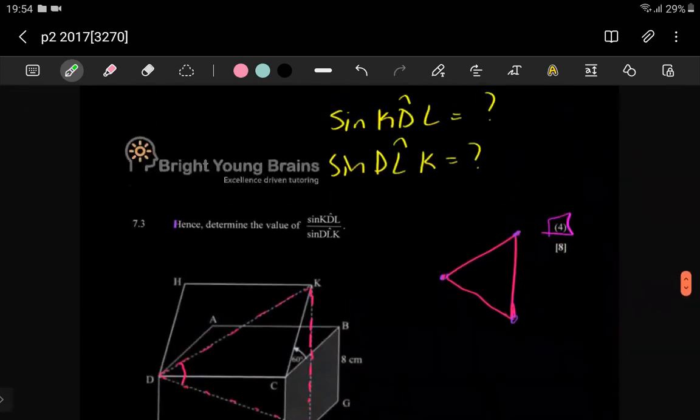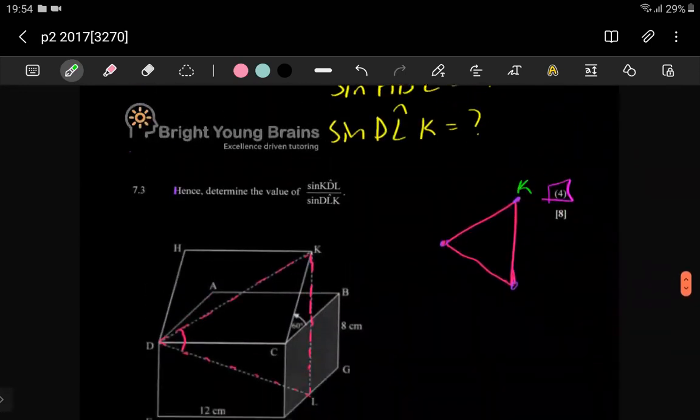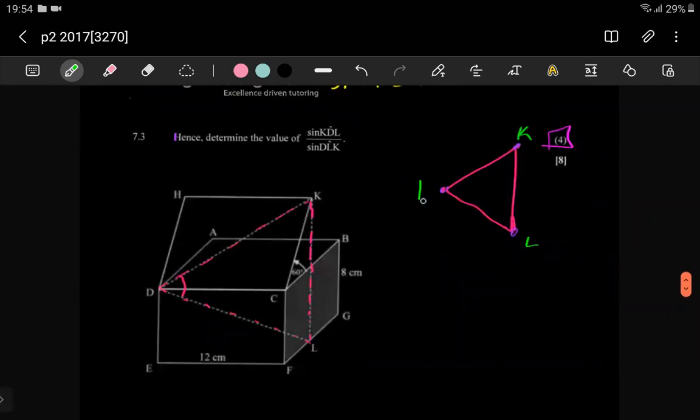Not much really matters, because there's K here, there's L here, and there's D over there, right? And then KL is 8 units. No, 3 square root of 3 plus the 8. Mistakes, they are already happening. This is the only thing we have so far.